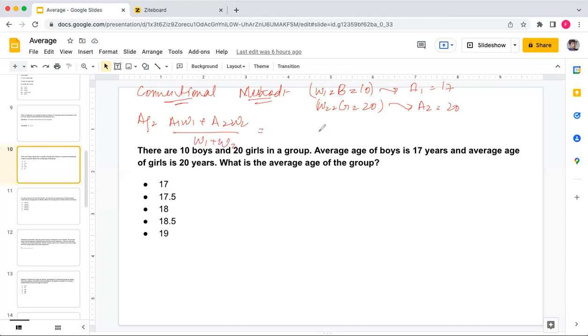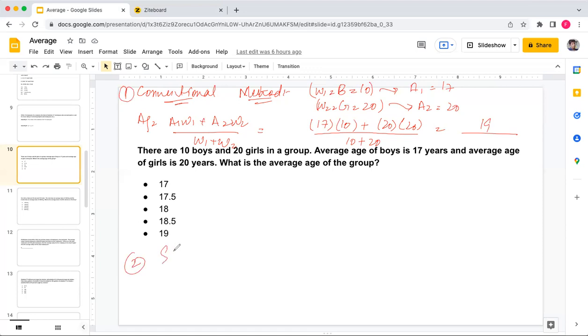What is A1? This is 17. What is W1? That is 10. And what is A2? That is 20. What is W2? That is also 20. And divided by W1 which is 10 plus 20. If you try to solve this, you can use a calculator and come up with the answer. So what is the answer? 19. Okay. Now let's try to do this using the scale method. This was the first method.